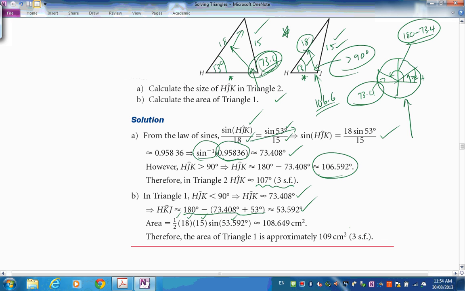Then we can find that. So what they're trying to say here in Pearson's is that you can use this triangle and find that angle, it's bigger than 90, but just remember there's this triangle over here, it's going to give you the same size sine, but it's for the acute angle.